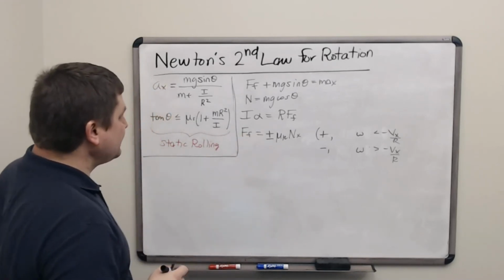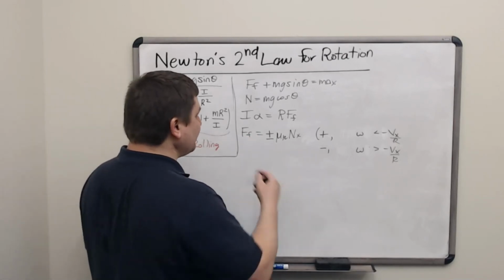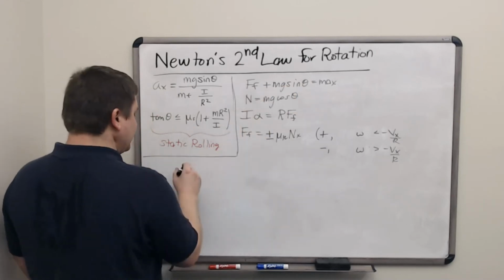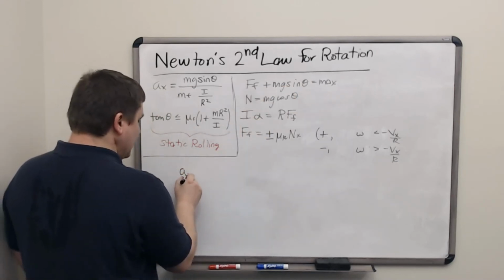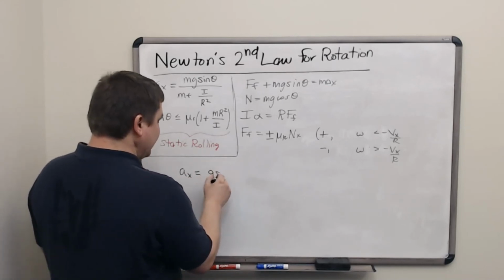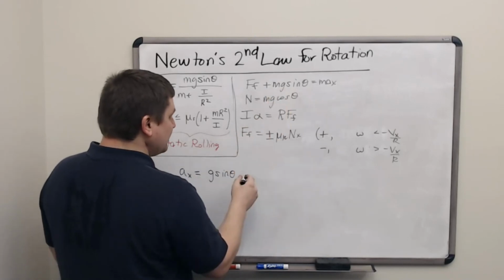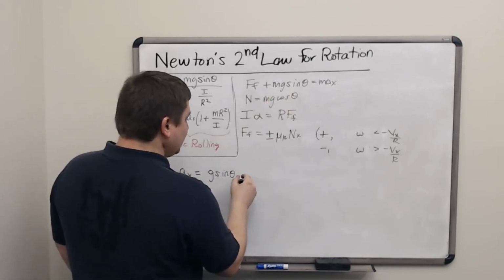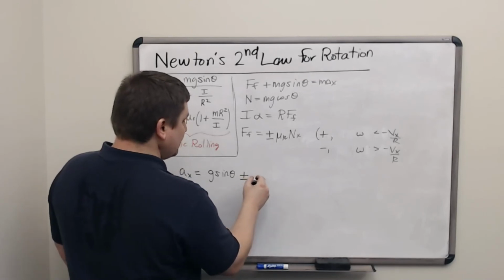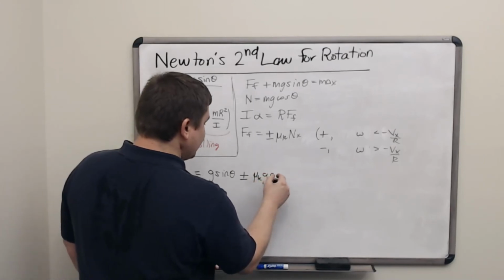So then let's solve. There's not really much to do here in terms of solving a system. We just use the first line here to get the acceleration x component. This will be g sine theta, dividing both by m. Okay, so g sine theta plus or minus mu k g cosine theta.